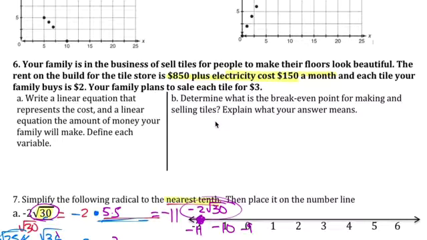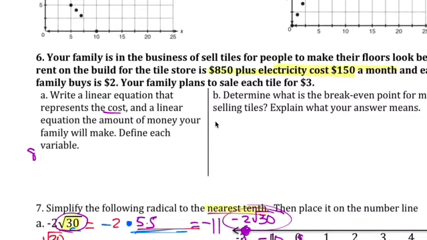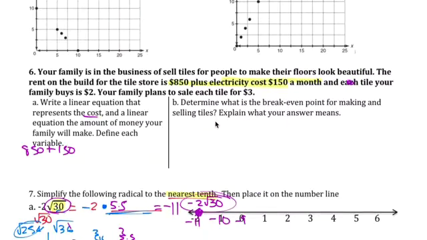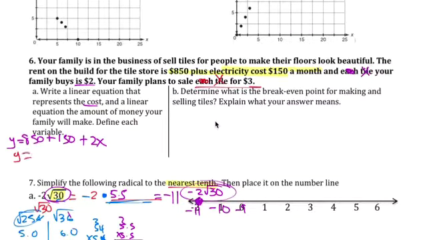So the cost is $850 plus $150 in electricity, and each tile times X your family buys is $2, so 2X. Your family sells them for $3 each. Y equals 3x.